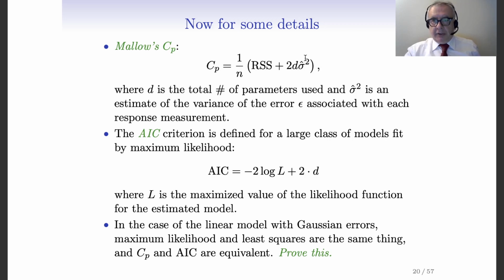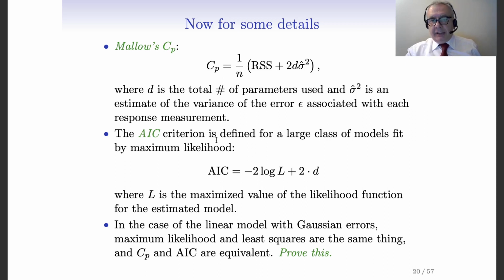So here you plug in your estimate of the measurement error. After all, this could be regarded as a measurement error, twice the number of parameters, and this is the usual RSS in the training data. The idea is that we will choose the model that achieves the smallest Cp.